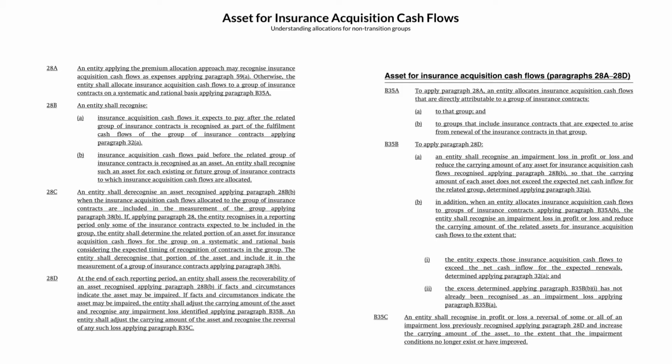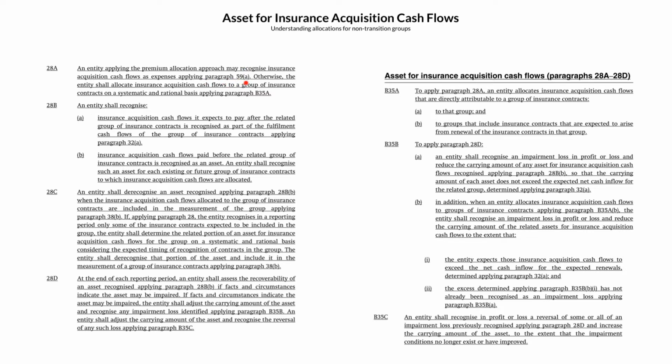On the main part of the standard, 28A says that an entity applying the premium allocation approach may recognize insurance acquisition cash flows as expenses applying paragraph 59A. Now, what does paragraph 59A say?